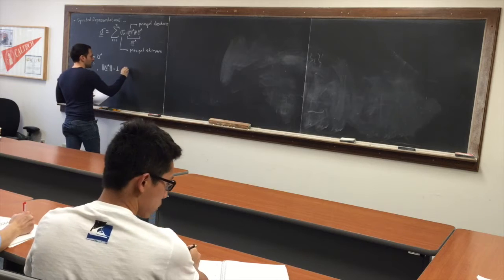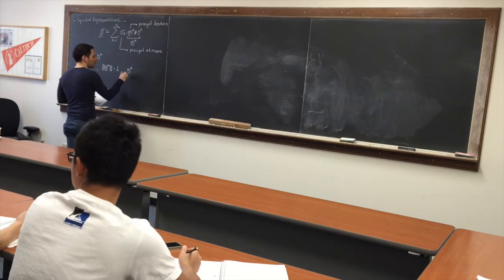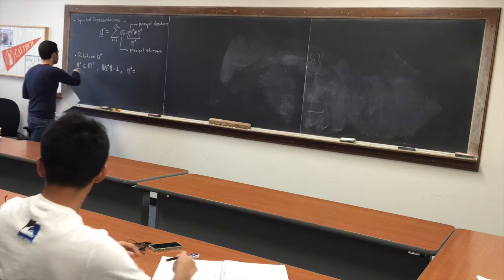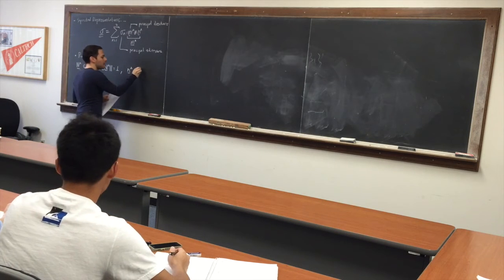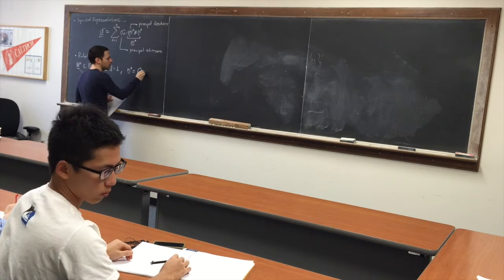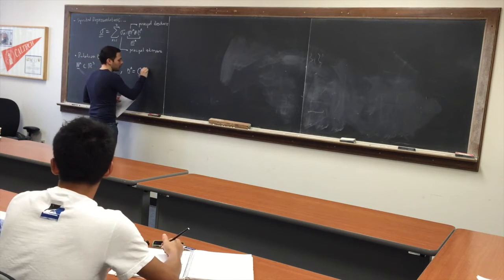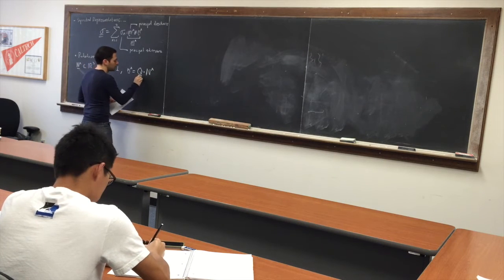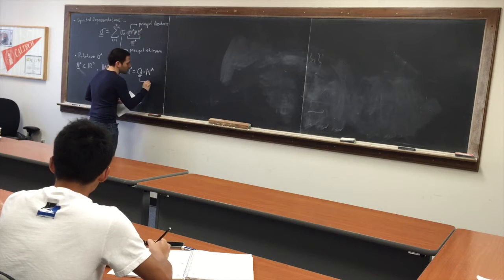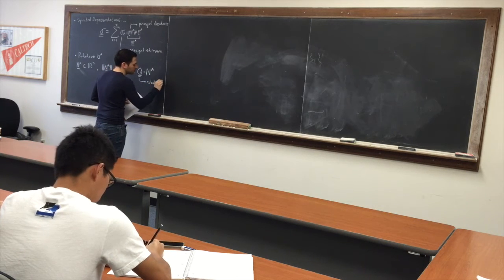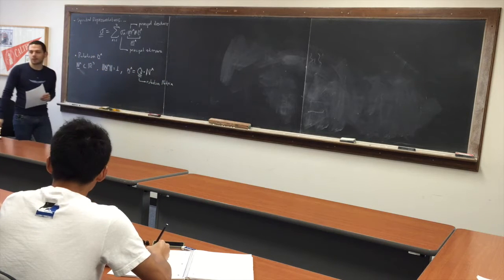And let's define NA, lowercase a, in terms of this vector as some matrix or tensor Q times NA, where this is a rotation matrix. Right, we can do that.